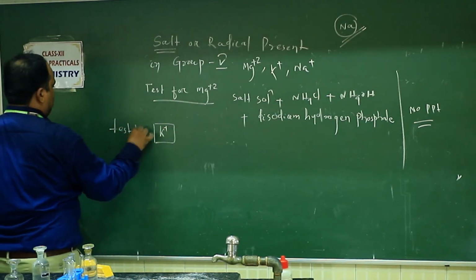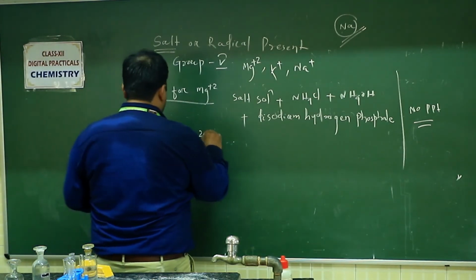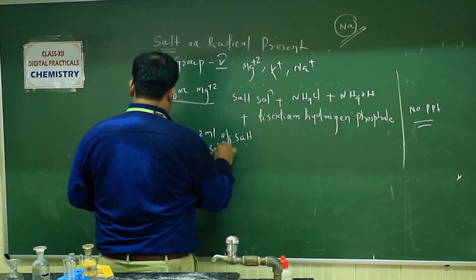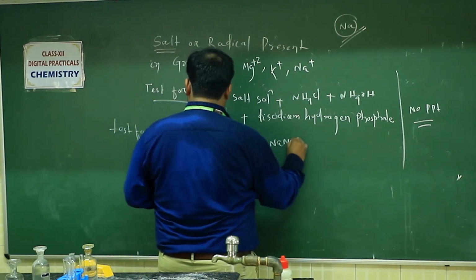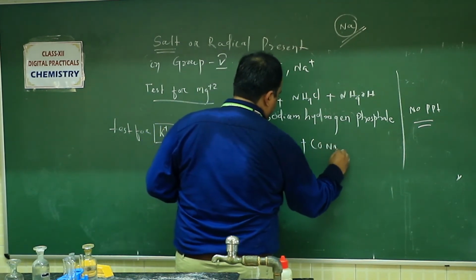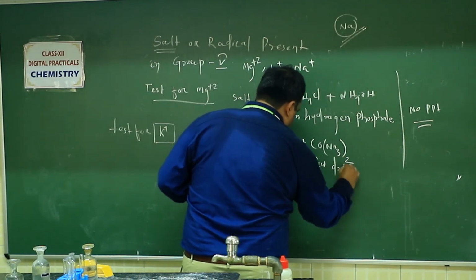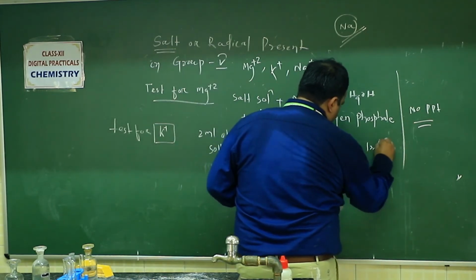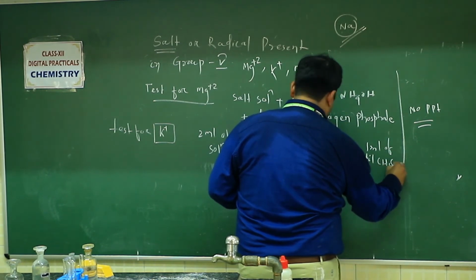Test for potassium. What do you have to take? Take 2 ml of salt solution plus sodium nitrite plus few drops of cobalt nitrate, and 1 drop of dilute acetic acid.